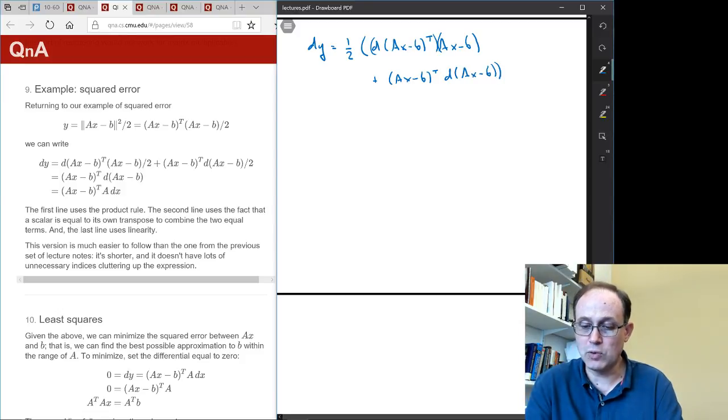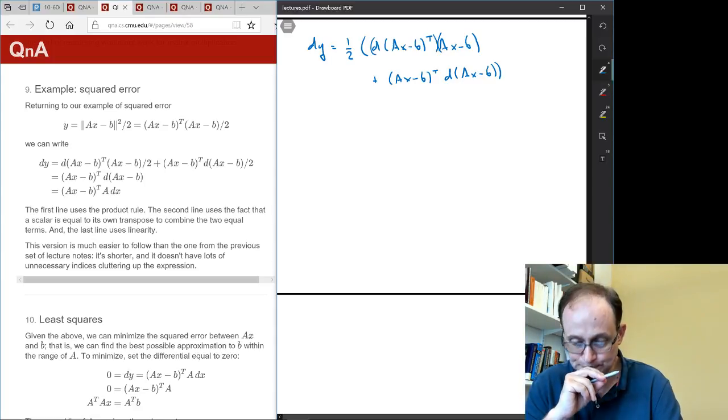So that's the product rule. We take d of the first times the second plus the first times d of the second.